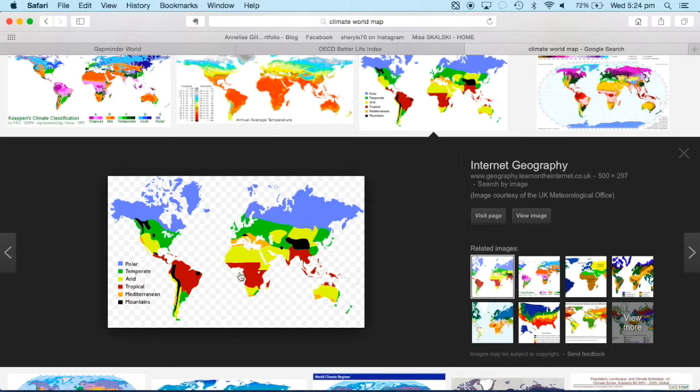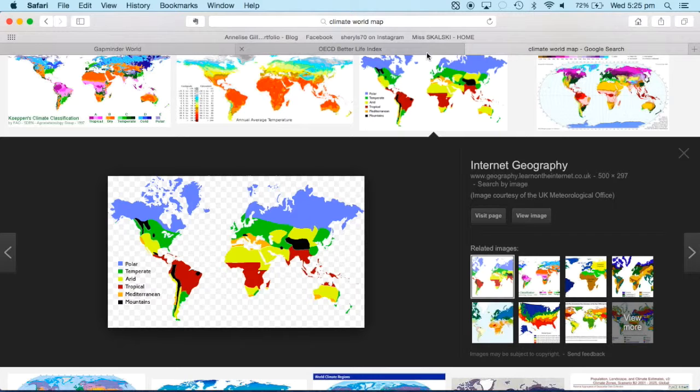Then we've got your tropical areas, Mediterranean, which once again are very similar to temperate climates, and mountainous regions. So a map like this has the information that you need to work out which part of the world your person might prefer. So you can already start to narrow it down.